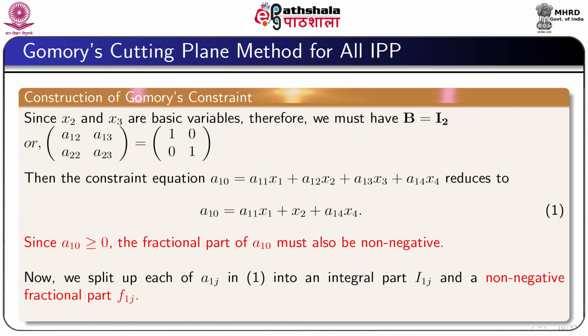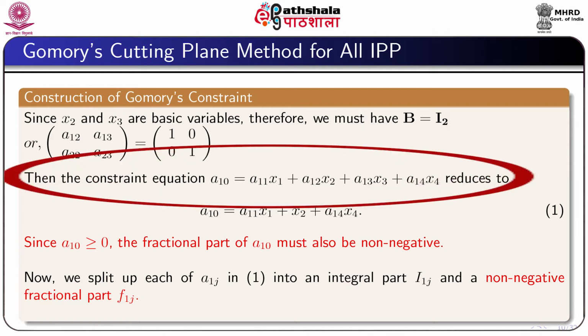Now, since x2 and x3 are basic variables, we must have B equal to I2, that is, the matrix A12, A13, A22, A23 is equal to 1 0 0 1. From this equality of matrices, we see that A12 equals 1 and A13 equals 0.